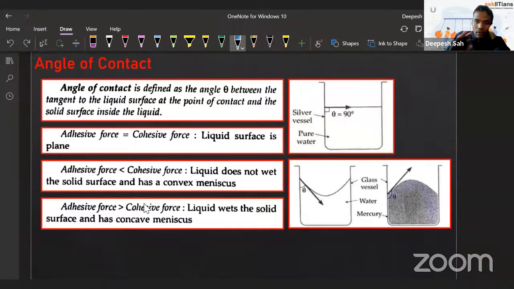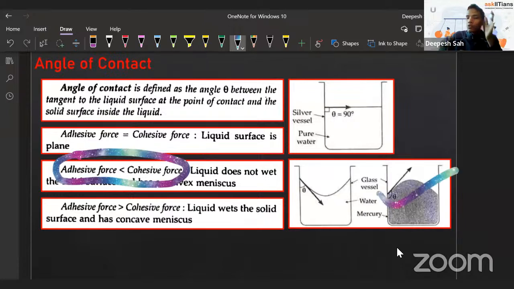I will repeat everything. If the adhesive force and cohesive force are equal to one another, then there will be no curve or anything. The liquid will be straight. But if the adhesive forces are weaker than the cohesive forces, which happens in mercury, the molecules of mercury have a very strong force with one another.